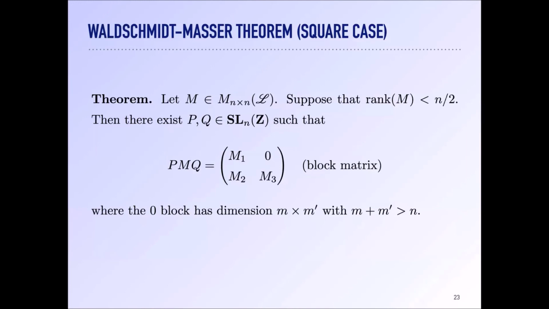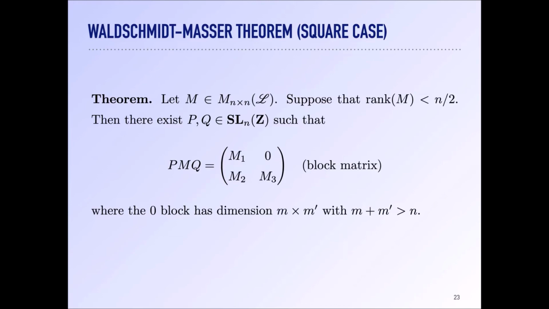So in the time that I've left, I want to talk about our strongest evidence towards the structural rank conjecture, which is a theorem of Waldschmidt and Masser, which gives us a lower bound on the rank, which is not the expected one, not the one that structural rank tells you.